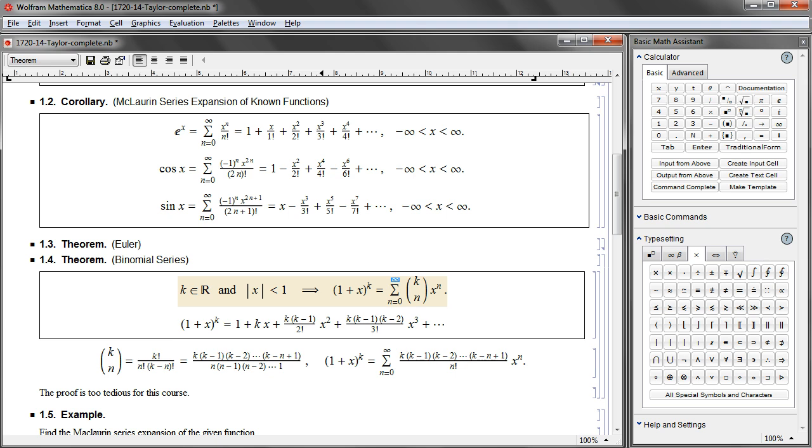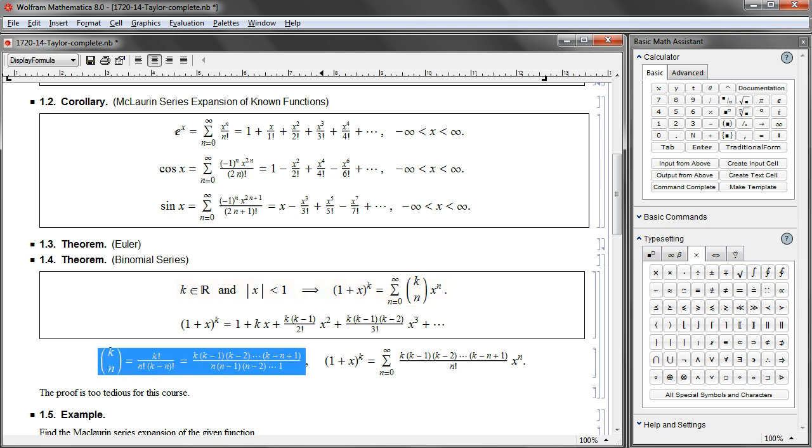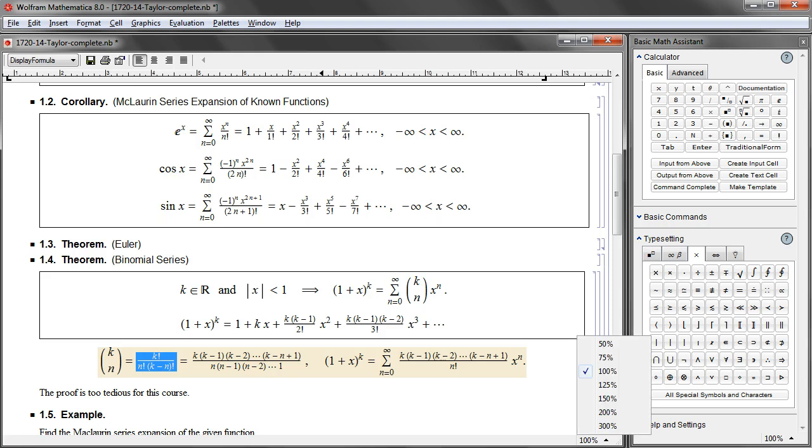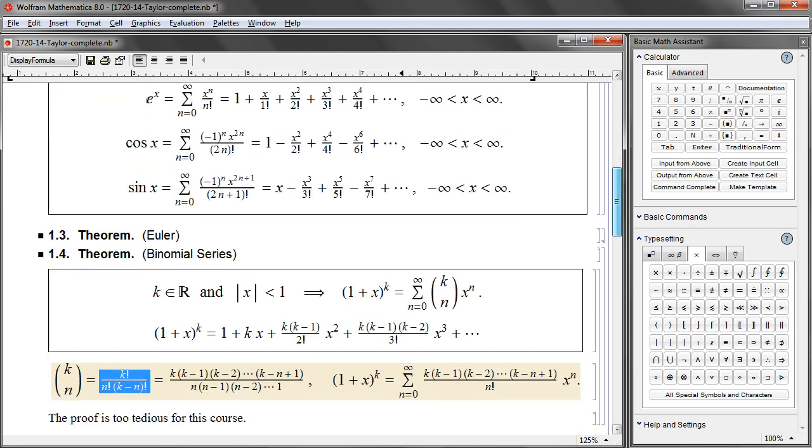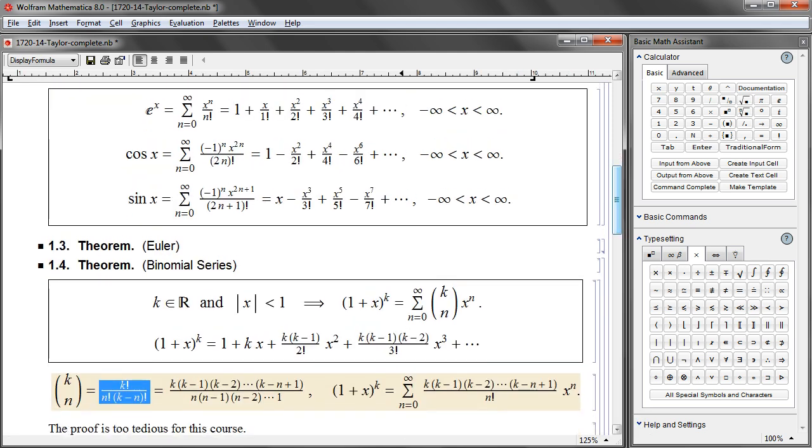Well, here's the definition of this binomial (k, n). k factorial over n factorial times (k minus n) factorial. And let me increase the font a little bit so that you can see things better. And this one makes sense when k is a positive integer and n is also an integer between 0 and k.